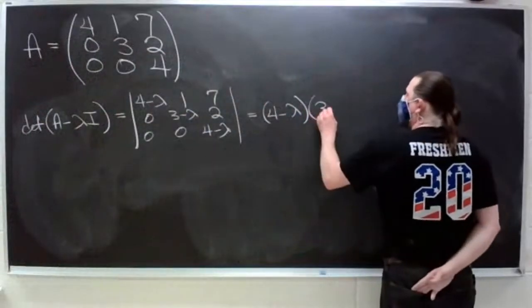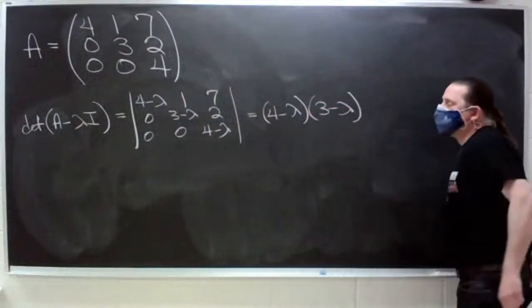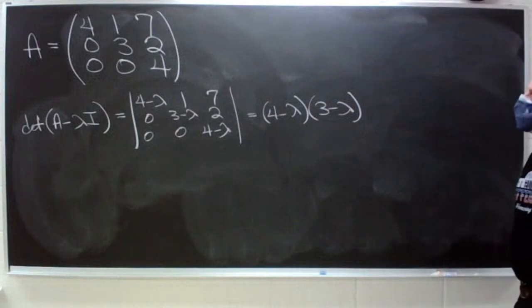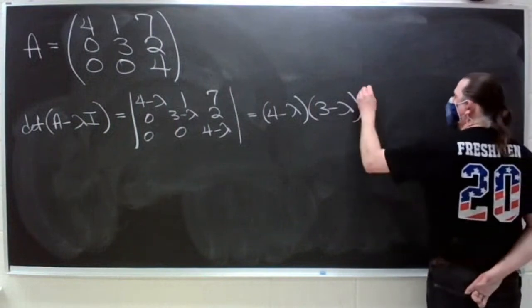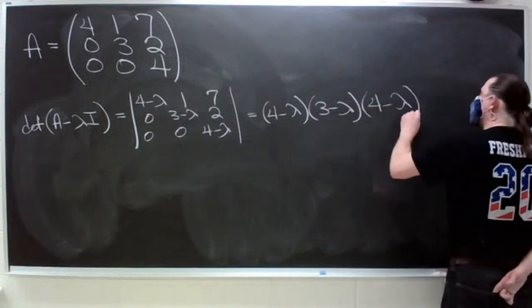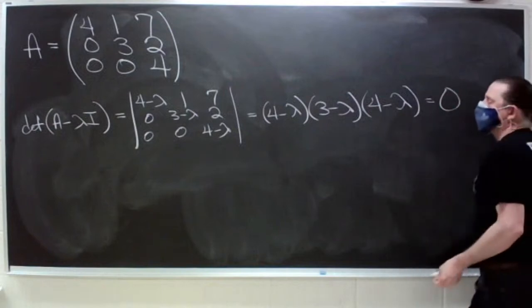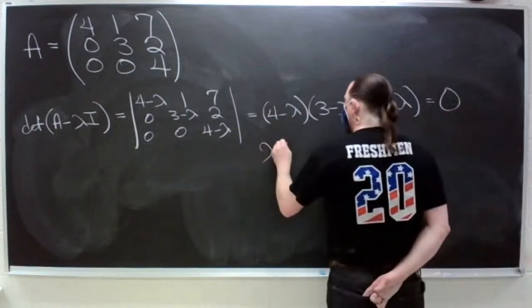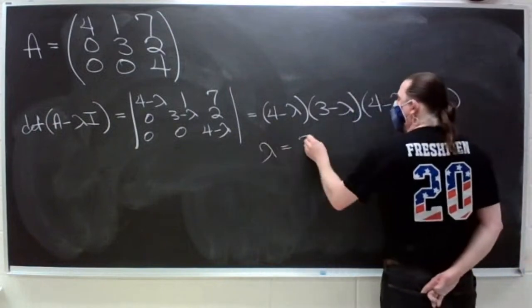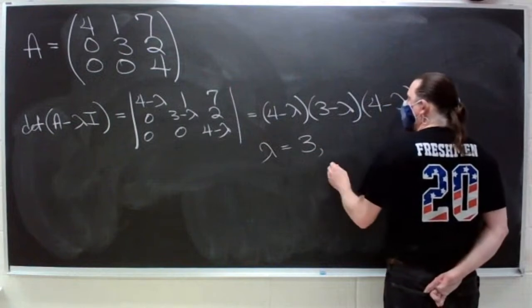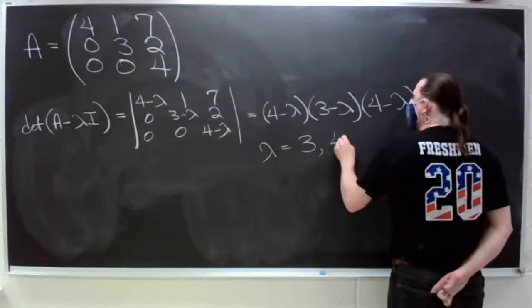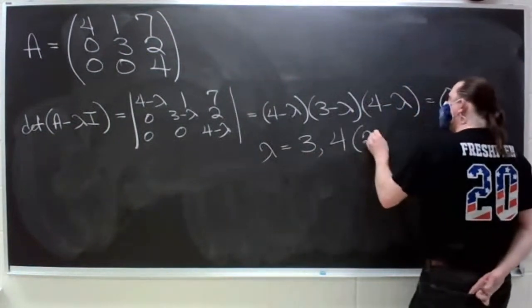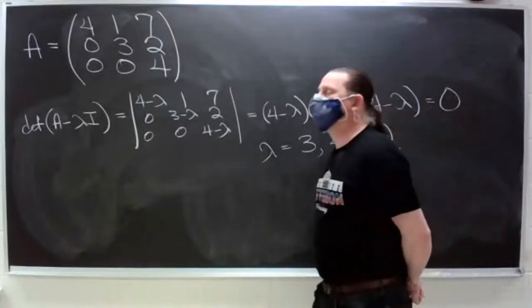And therefore, we'll have that. And then there's only one element left. So I have lambda equals 2, lambda equals 3, and lambda equals 4 two times.